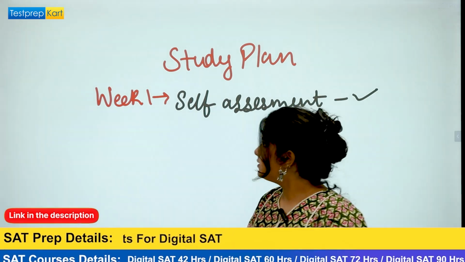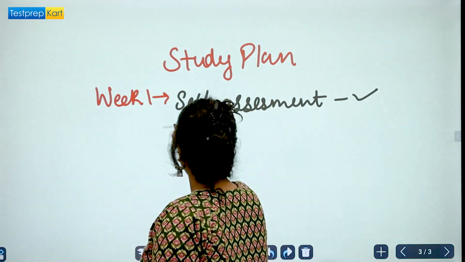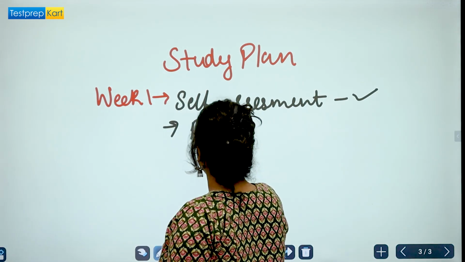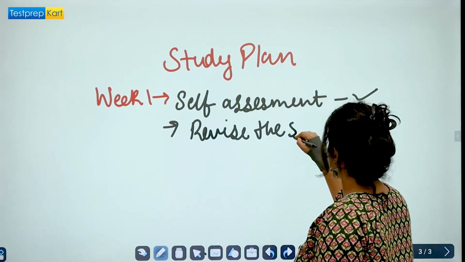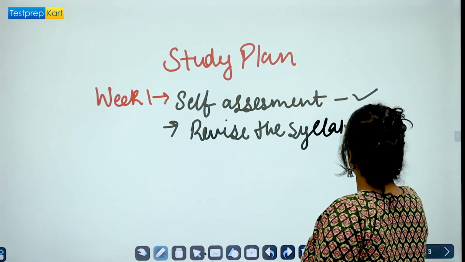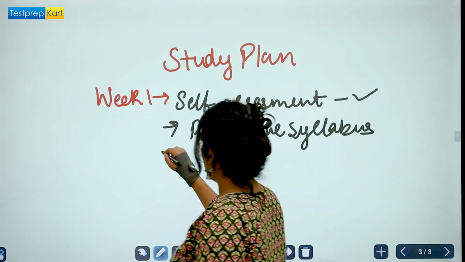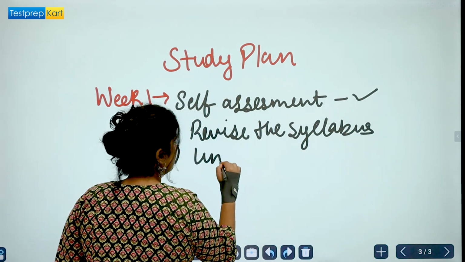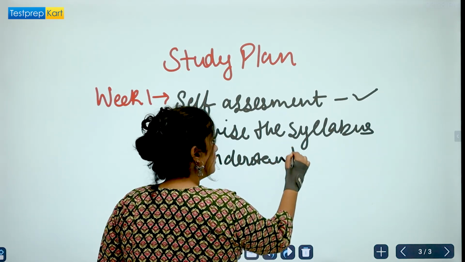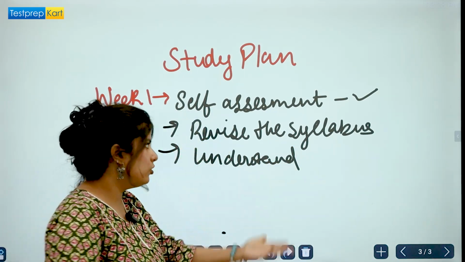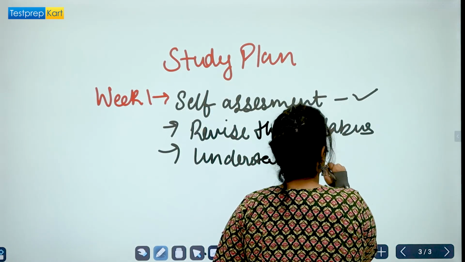I will firstly do the self-assessment. Then I will revise the syllabus. I will understand the concepts. And if I have already studied, I will obviously again revise the concepts.